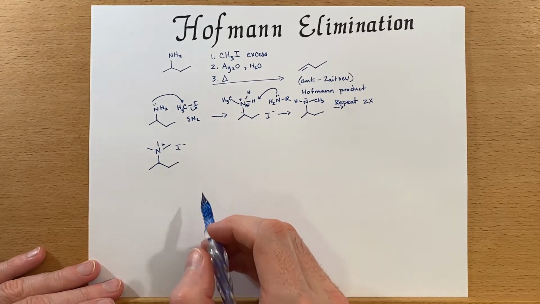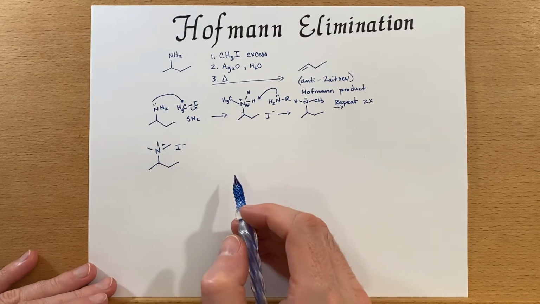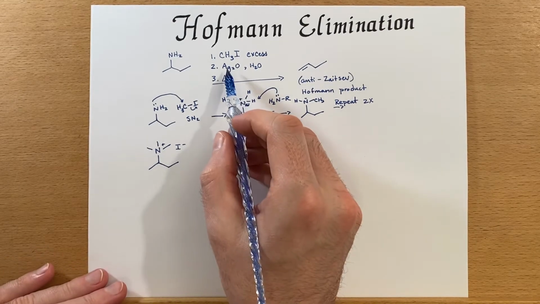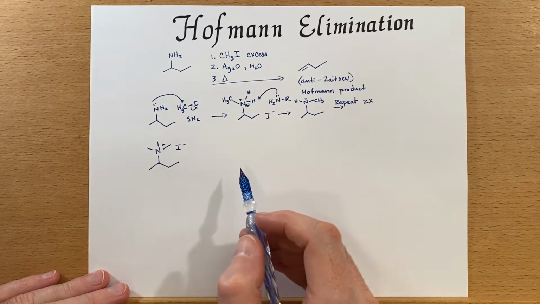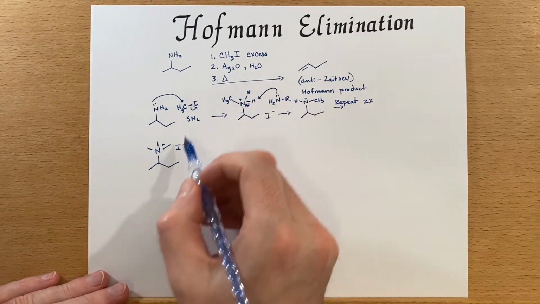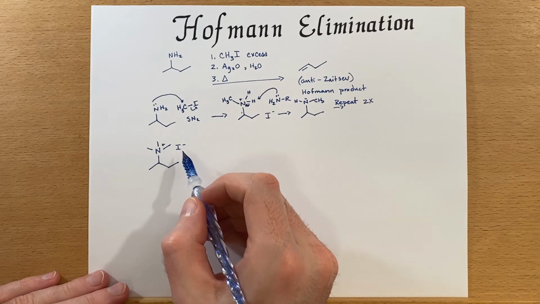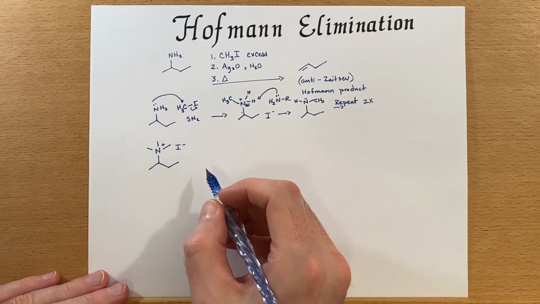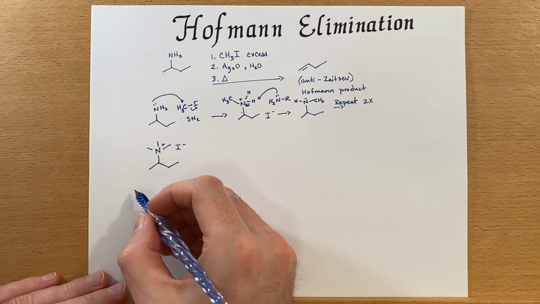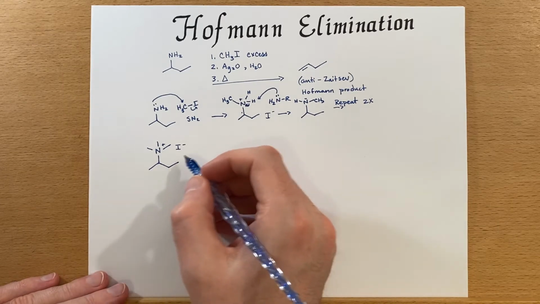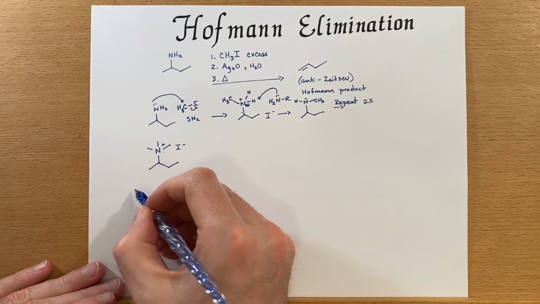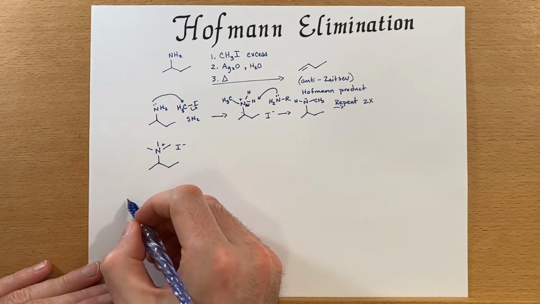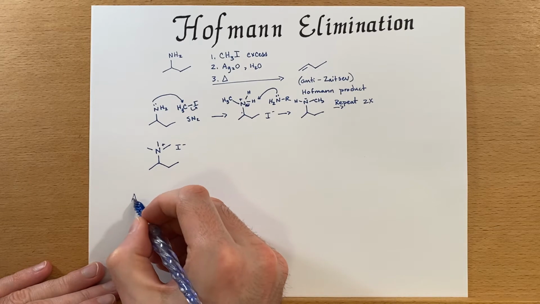Now, next step is to add the silver oxide. And the silver oxide will convert the iodide here into hydroxide ions. Now, you may have somebody just say, it's going to do that, and not explain how that happens. So I'm going to just briefly explain that process.